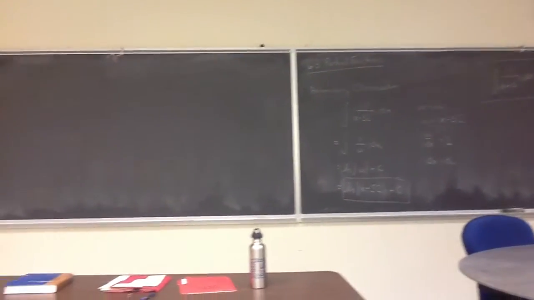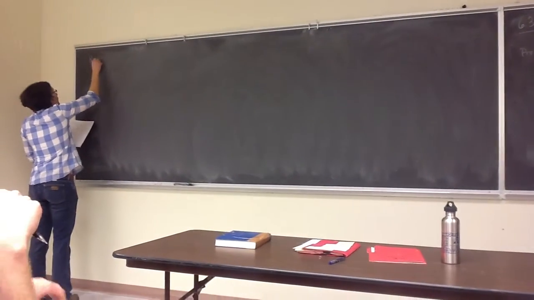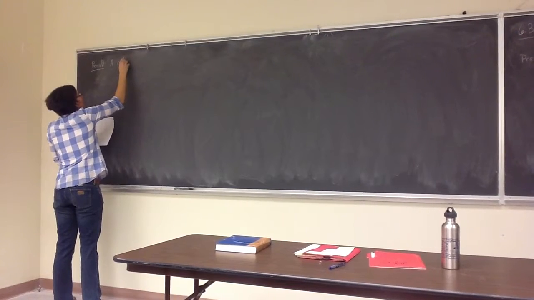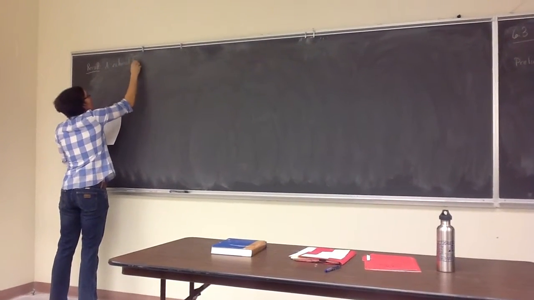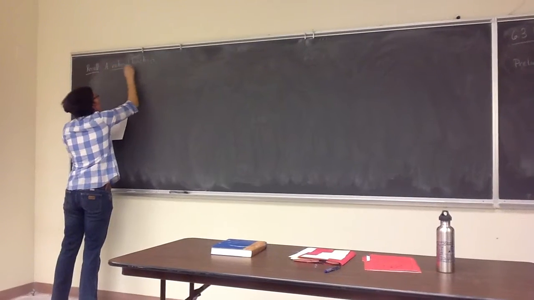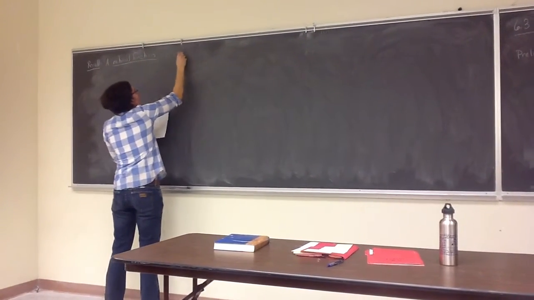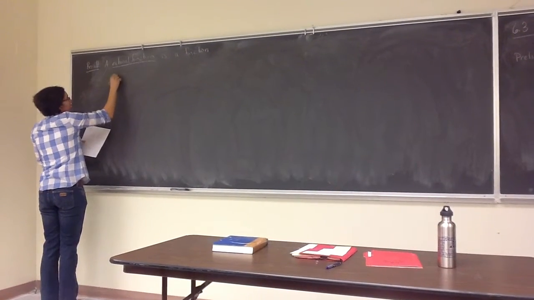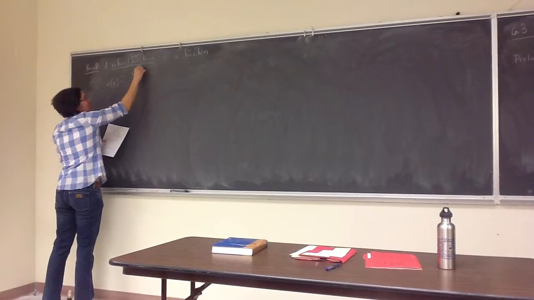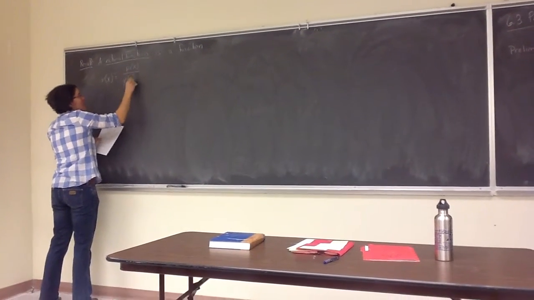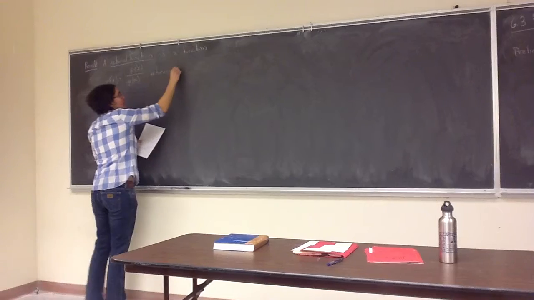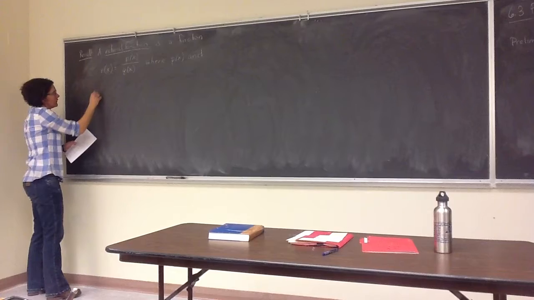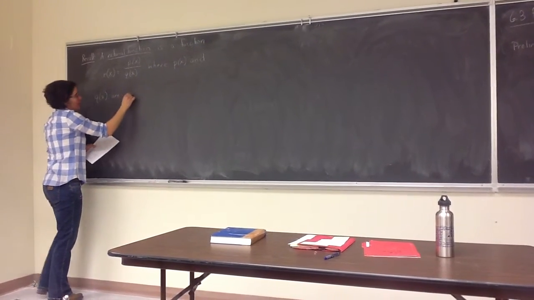So 6.3, partial fractions. Recall from college algebra that a rational function is a function that looks like r of x is equal to p of x over q of x, where p of x and q of x are polynomials.